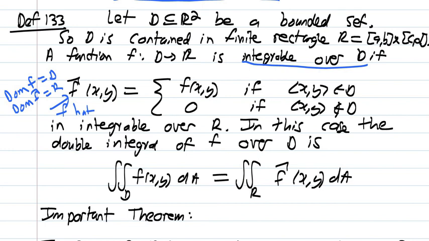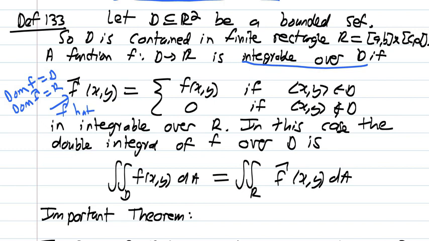If f hat is integrable over R, then little f is integrable over D. And likewise, if f hat is not integrable over R, then little f is not integrable over D. So we've transformed the general region D into a rectangle R. By doing this, we took the function f and turned it into function f hat. And so we can now use our work in 5.1.